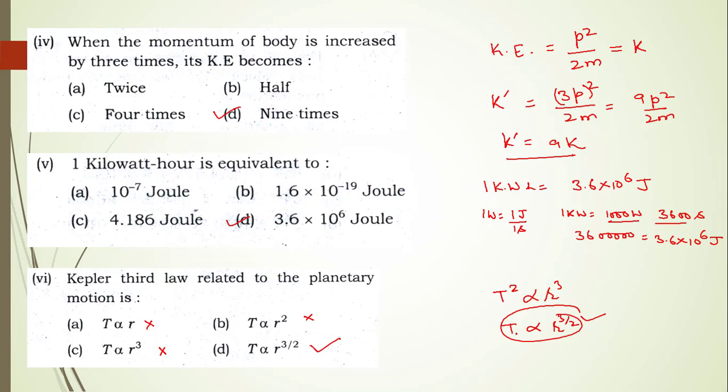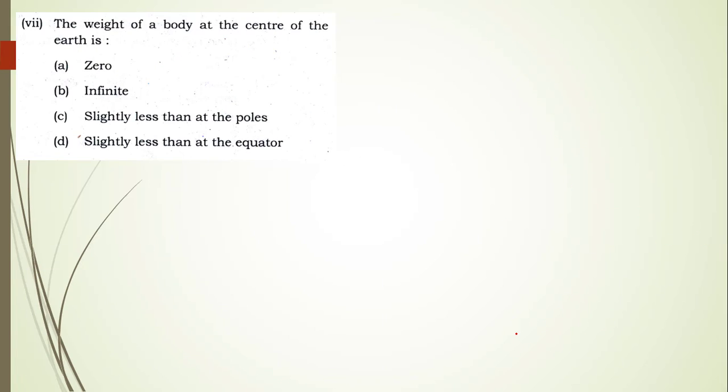Now moving towards the seventh question. The weight of the body at the center of the earth is? As we know, the maximum weight of the body is at the surface.